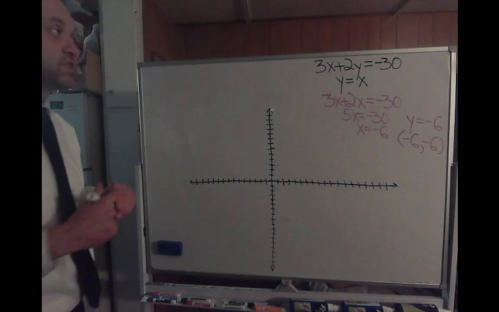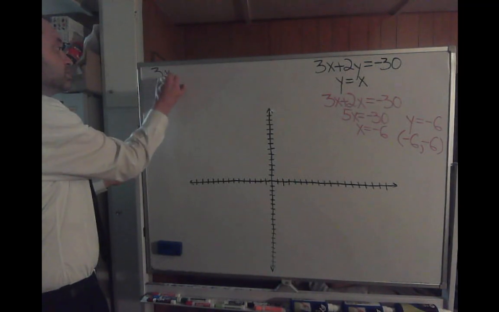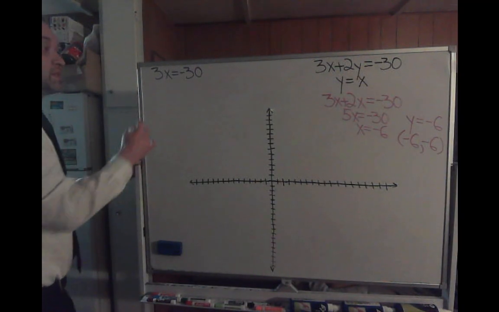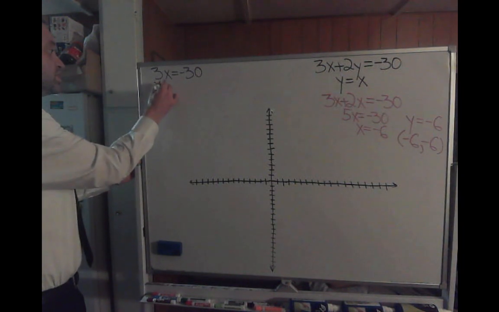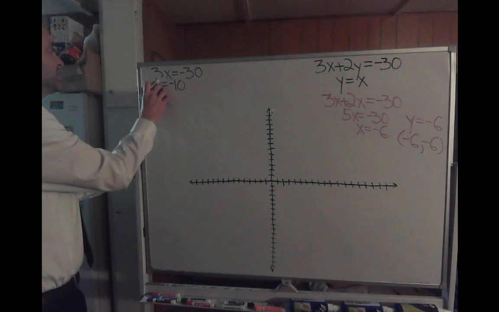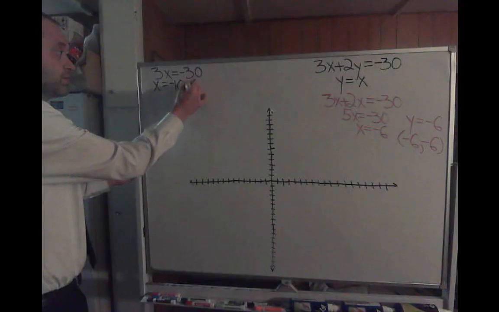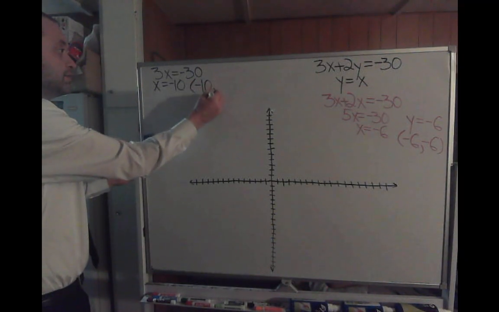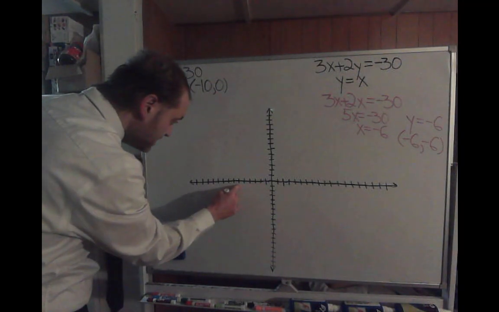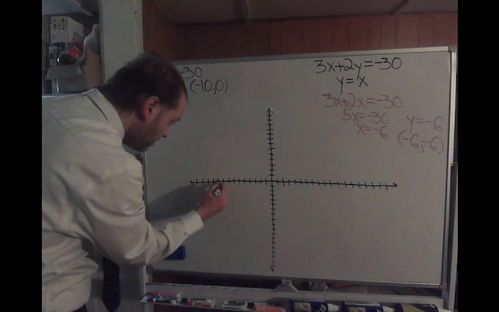To find the x-intercept, set y equal to 0, you would just get 3x equals negative 30, which then would give you that x is equal to negative 10, which would mean then the x-intercept would be at negative 10, 0. So let's plot the point negative 10, 0. There's negative 10, 0.